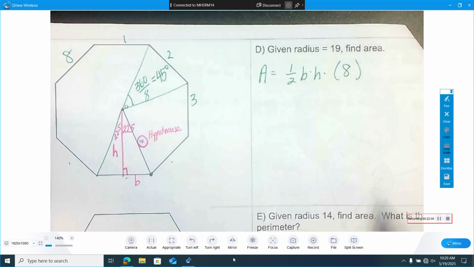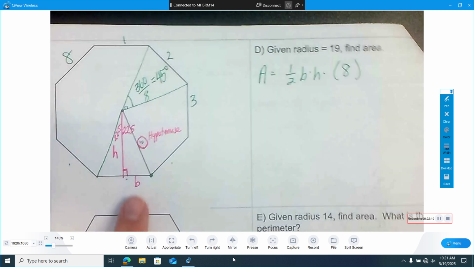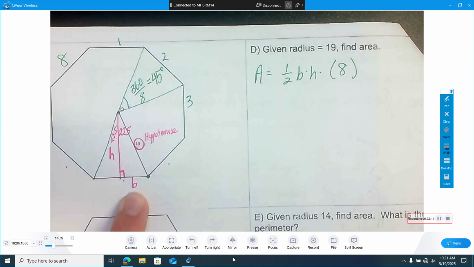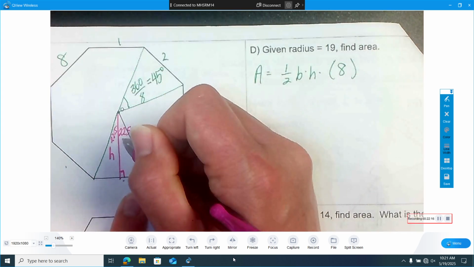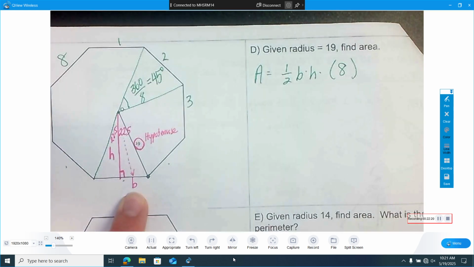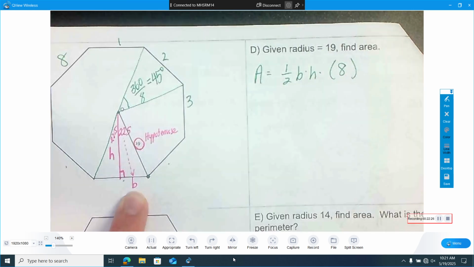All right. So if I know the hypotenuse, what's a trig function I can use to find b? So I have the 22.5, and what is the b side going to be? Opposite. Oh, careful. So opposite over hypotenuse. Which trig function is that set up?